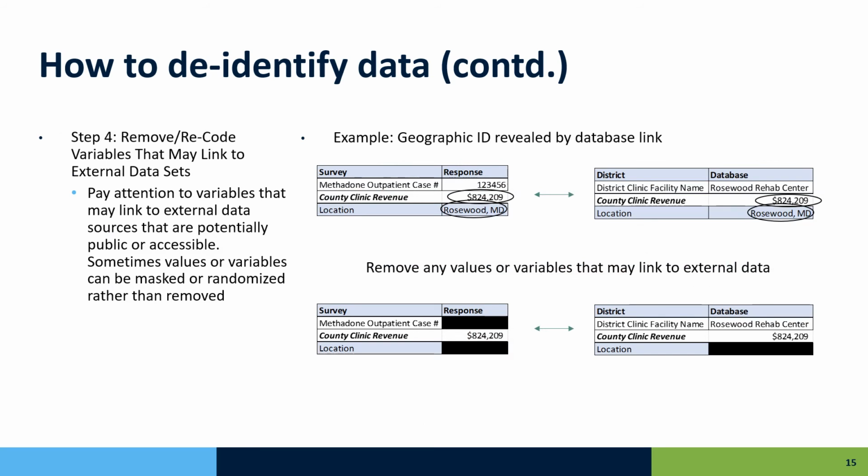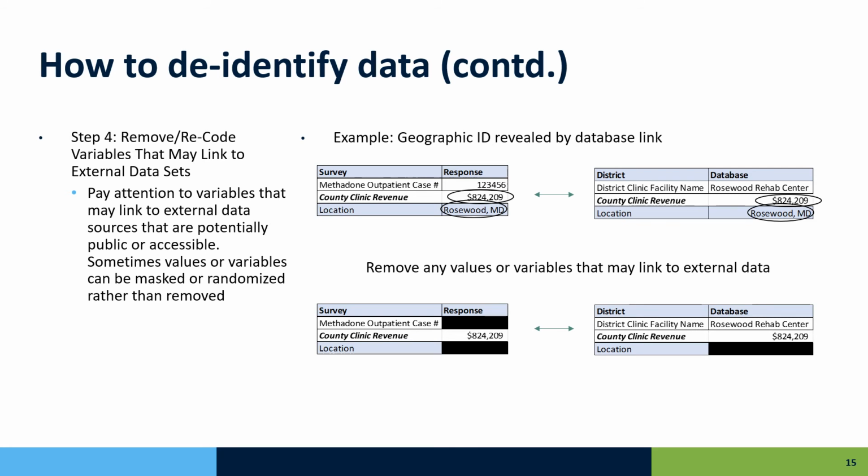In step 4, we're also going to remove and recode variables that may link to external data sets. In this case, some variables or data can be linked to external data sources that are potentially public or accessible. Sometimes variables or values can be masked or randomized rather than removed.